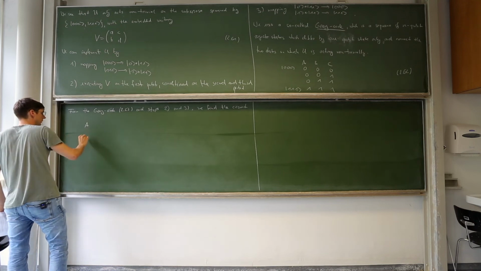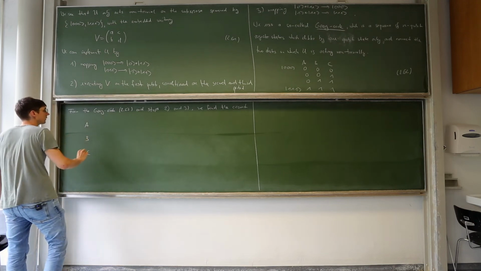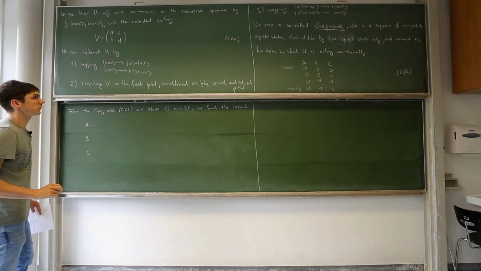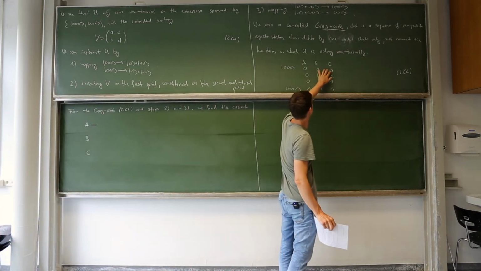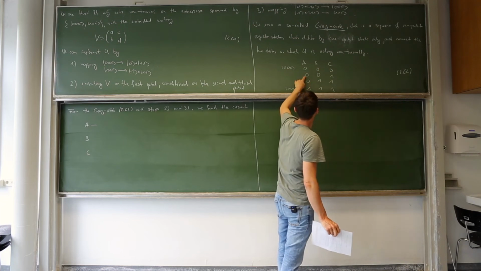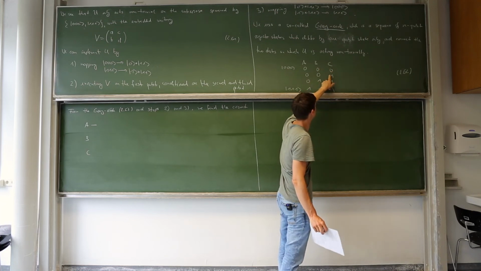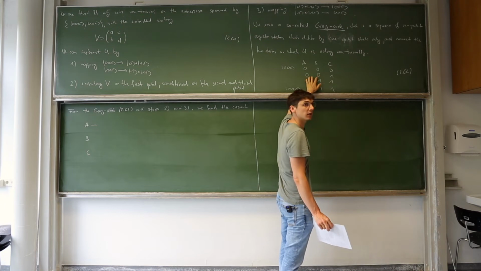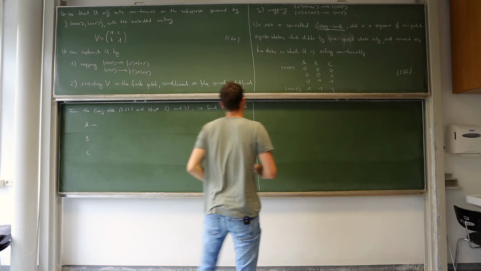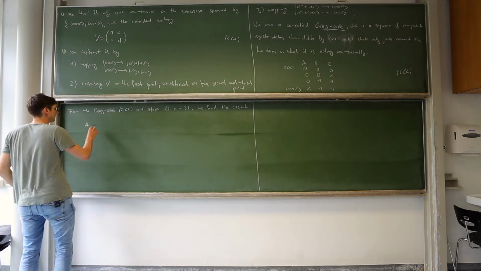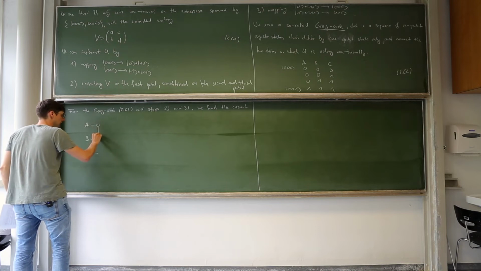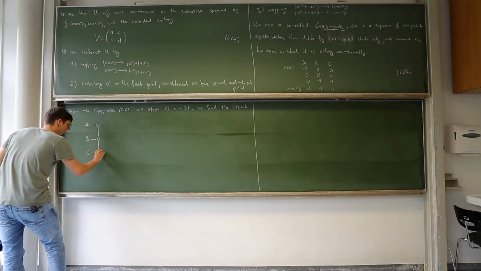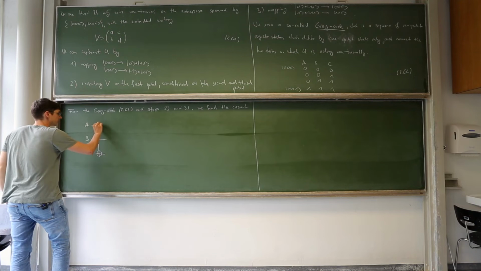So we have qubit A, B, and C. Okay, so first, if we have the state 0, 0, 0, we have to flip the third qubit conditioned on the 0 of these first two qubits. So qubit A and B are conditioned on 0, and conditioned on this, we flip this third qubit.